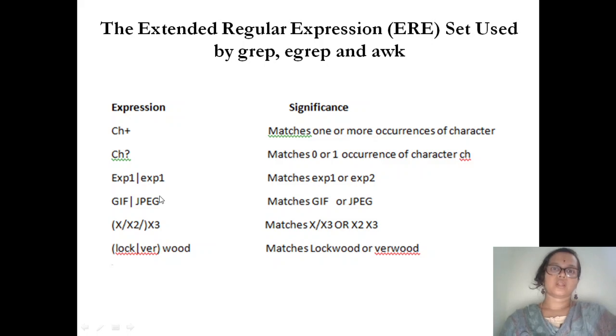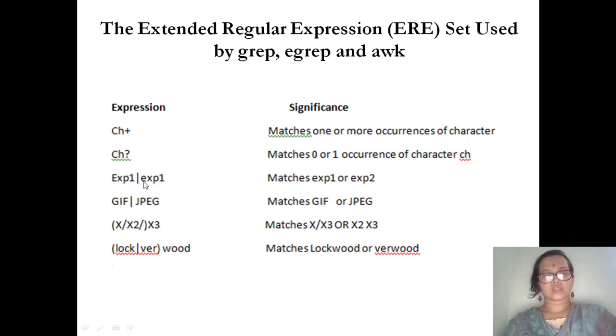Let me do a small recap of the expressions which we have used till now. See here, ch plus will match one or more occurrences of a character, and with a question mark, if I give some character, it will match 0 or 1 occurrence of that particular character. If you give expression 1 pipe expression 2, it will match either expression 1 or expression 2.